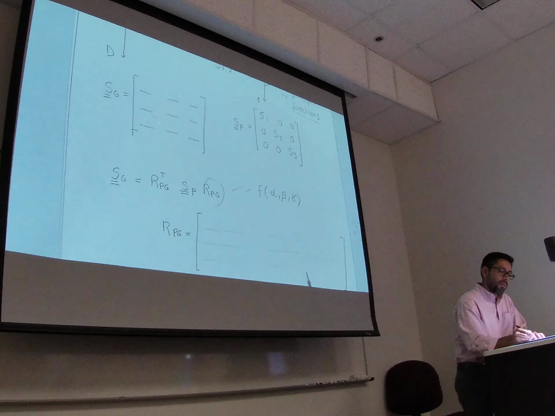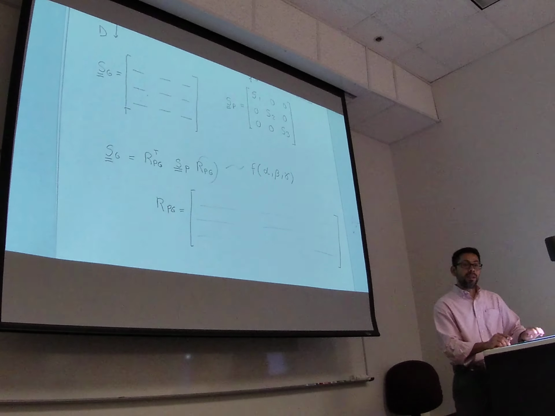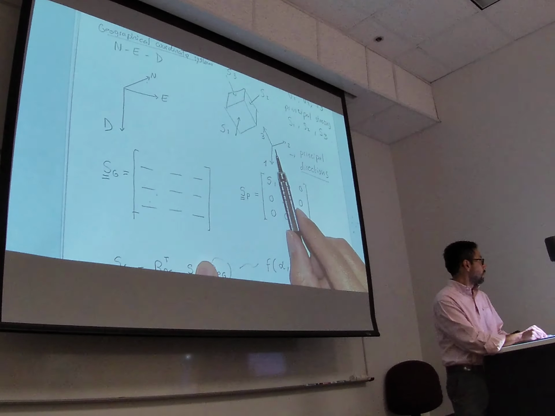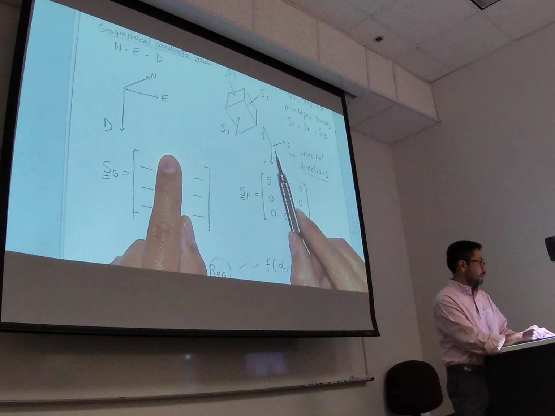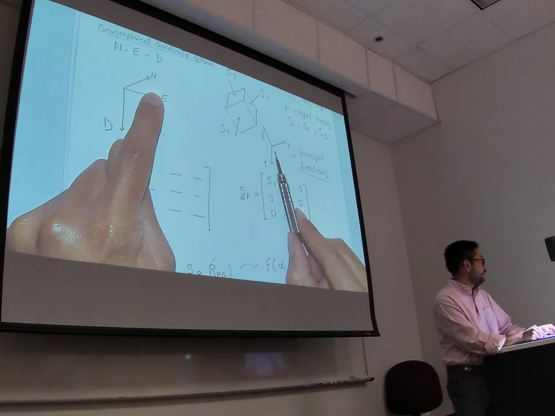Can you repeat what the transformation matrix is again? The transformation matrix is a matrix that tells you the projection of, for example, this vector onto N, E, and D. That's the first row.